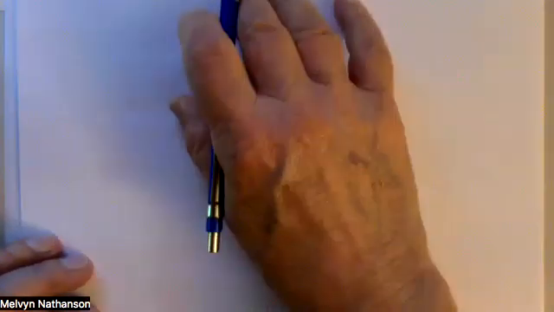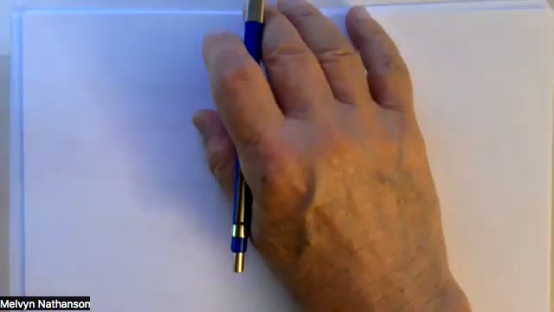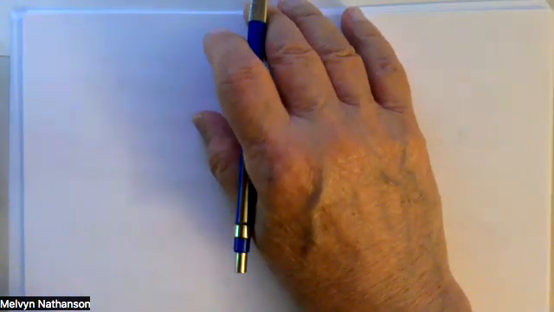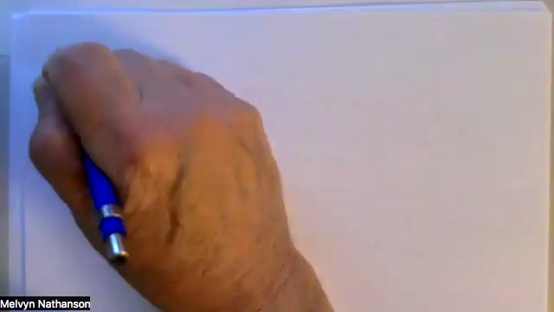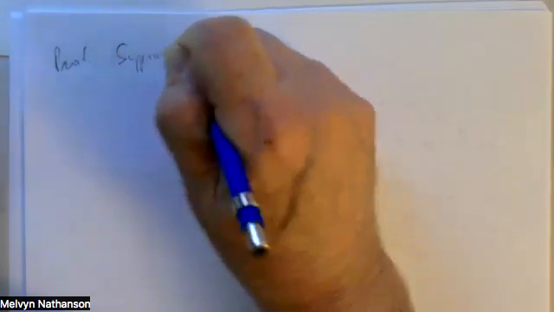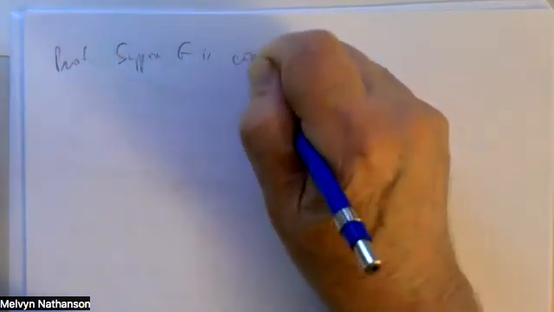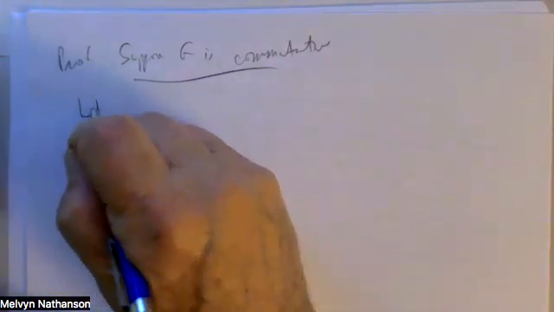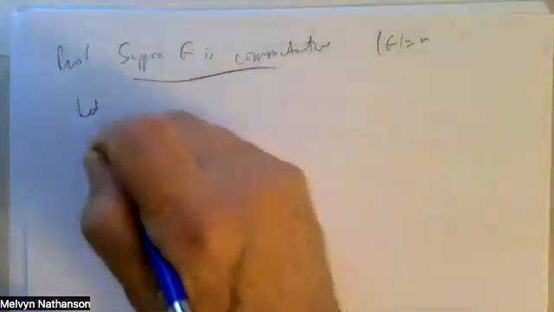So the authors are a little bit lazy, and they only give the proof in the case when the group G is commutative, or abelian. So suppose we let G have order n.